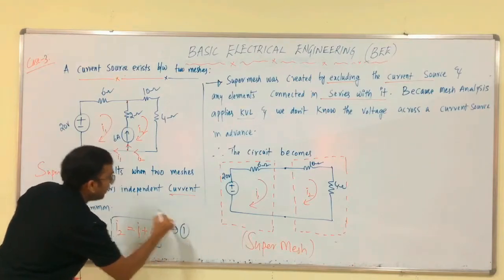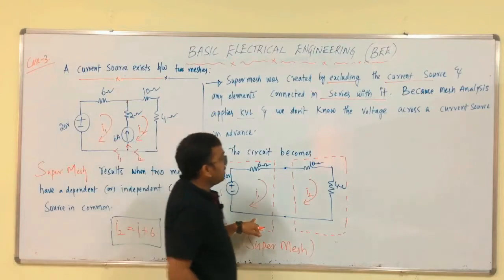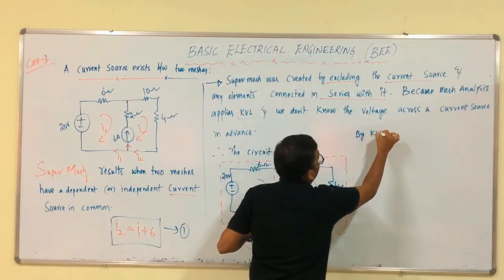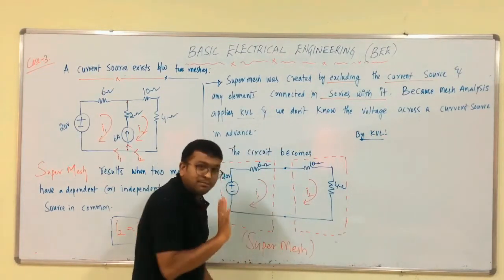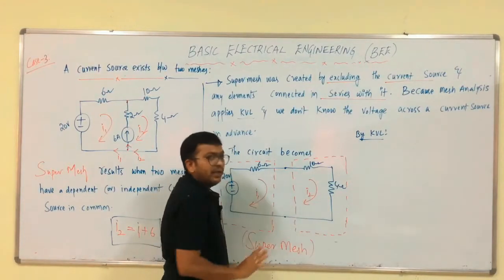This is equation 1. Clear? Then from this circuit by KVL, it looks like a simple loop, but we have to write the equations with respect to I1 and I2 only.